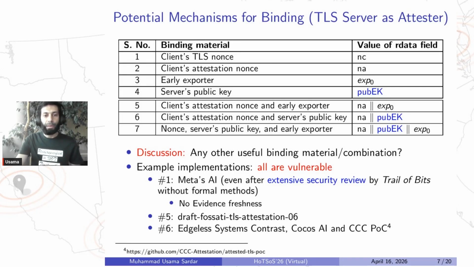Within that, mapping over one of the inputs coming to the attested TLS protocol, the implementations, is exactly mapping these now to these binding mechanisms. Meta's AI basically uses number one. There is this draft, Fossati TLS attestation, which uses number 5, and Edgeless Systems Contrast, Coco AI, and the CCC proof of concept actually use number 6.